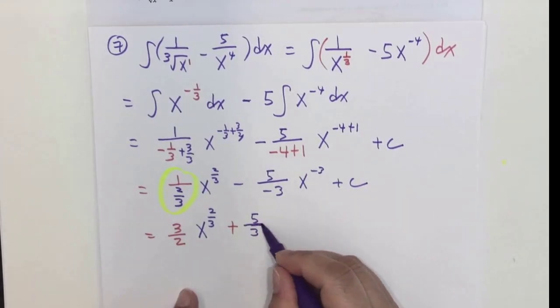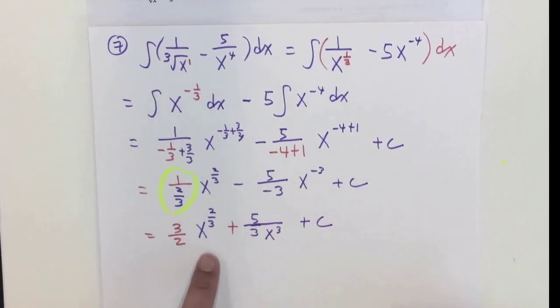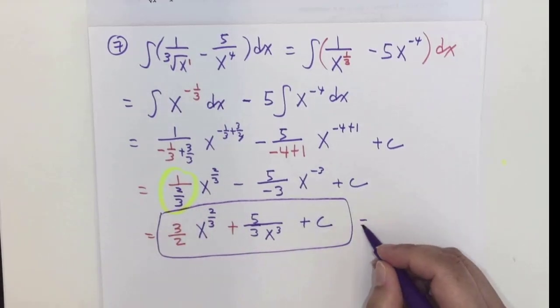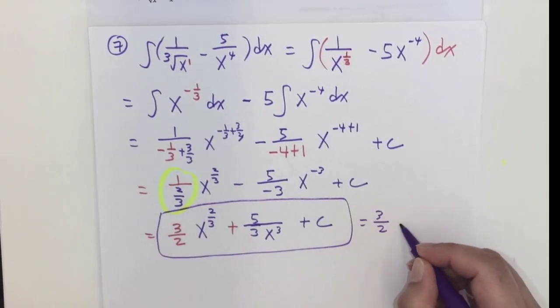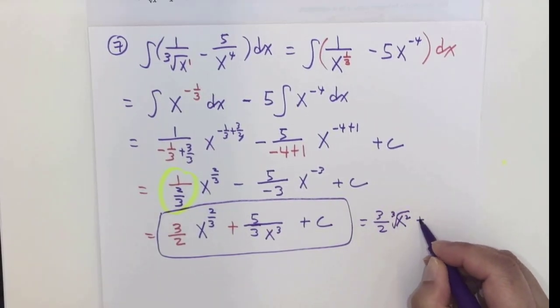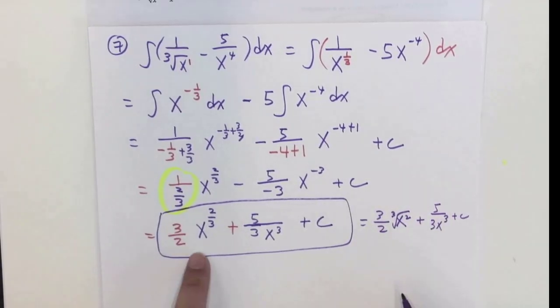At the bottom, x to the 3rd, and then adding c. You can leave it like that, or you can write this as a radical, which would be 3/2 times the cube root of x squared, plus 5 over 3x cubed plus c, but this is going to be fine. The first page we have the basic properties, so make sure you practice it very well.